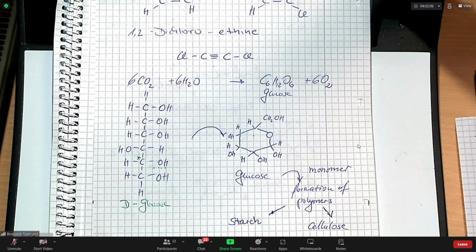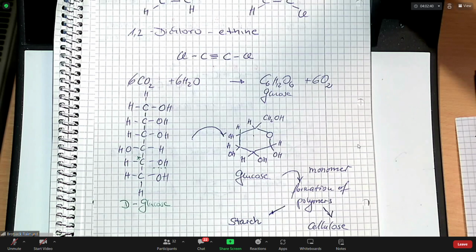The starch we can eat: if you take bread in your mouth for a while, it gets sweet. Then the polymer is cracked into the monomers, and that's the sweet sugar, because we have enzymes in our mouth which are able to split starch into the monomers.